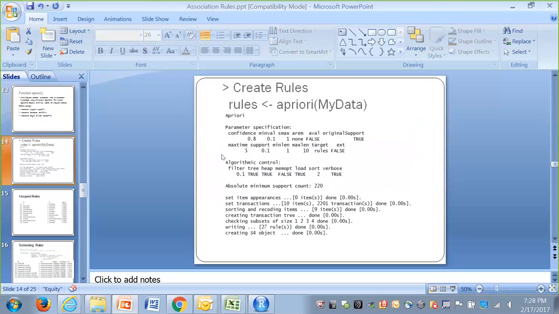All right. Rule creation. As I was discussing, there are parameter specifications out of the box, but these can be tweaked, and I'll show you that shortly. As you increase your confidence level or your support level, the number of rules you'll get back is going to be much less. And the same thing inversely, if you decrease it, you'll get a lot more rules. So you have to work with those numbers to truly understand your data.